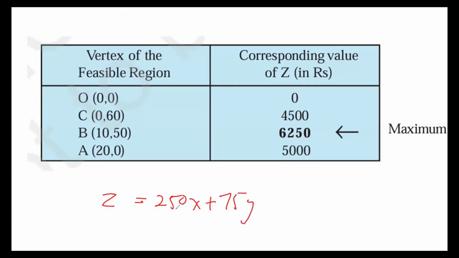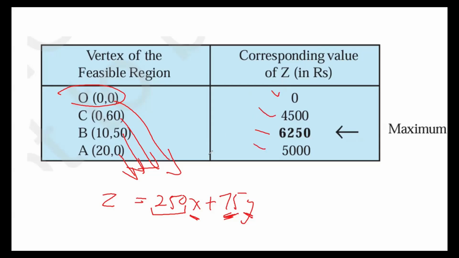The reason is that you make a profit of 250 on each table and $75 on each chair. So you take each of these points, substitute it there, and these are the outputs of Z. And you can see them. This is going to be your maximum profit, and it will happen if you buy 10 tables and 50 chairs.